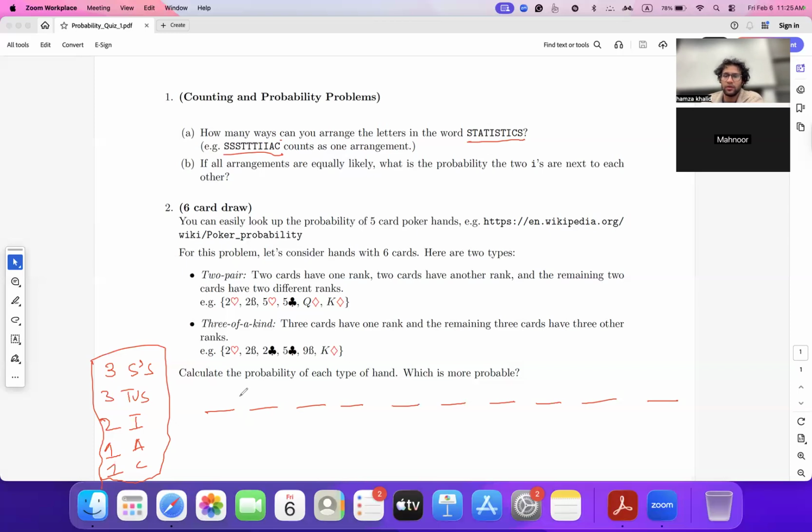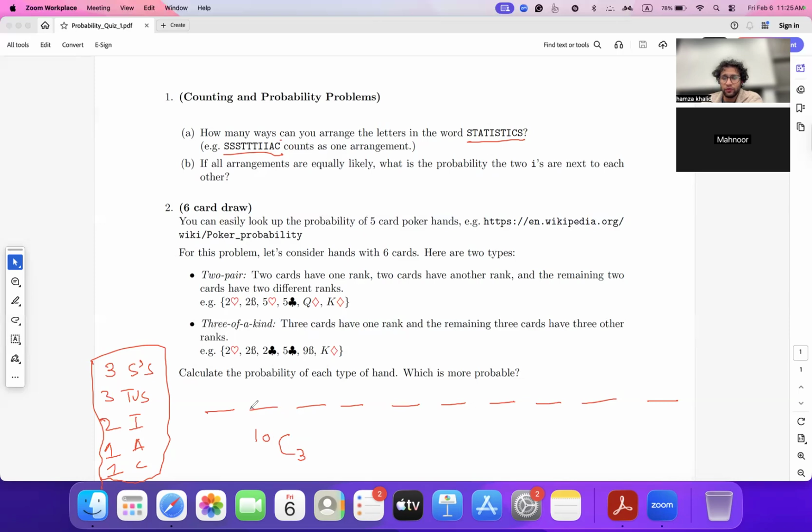So, let's say it totally depends on me. I can choose any one of these, right? So, let's say I choose S first.